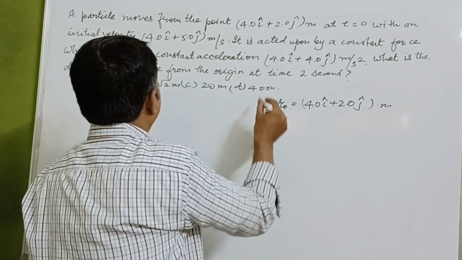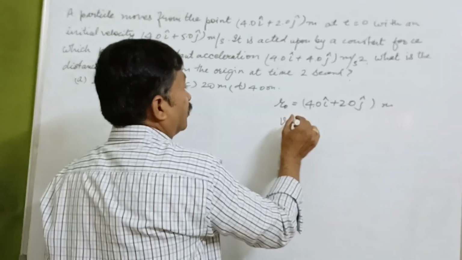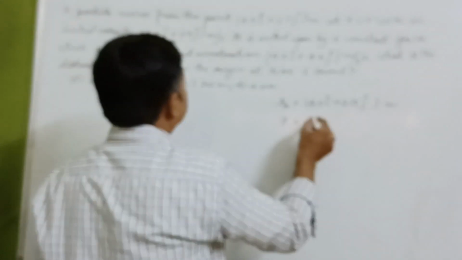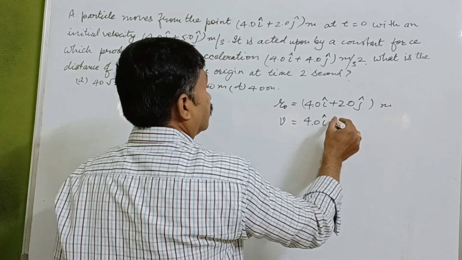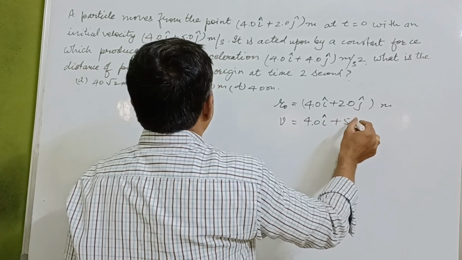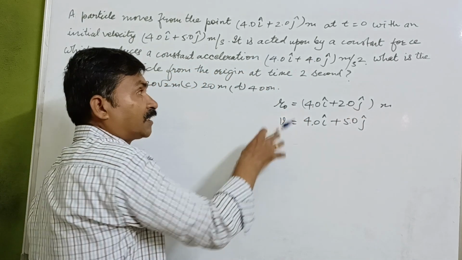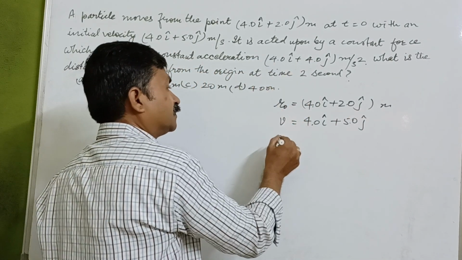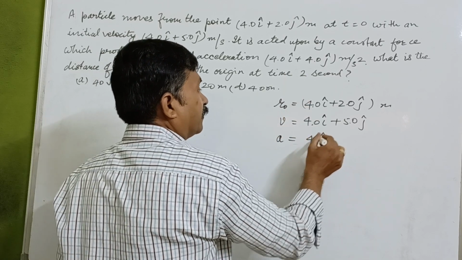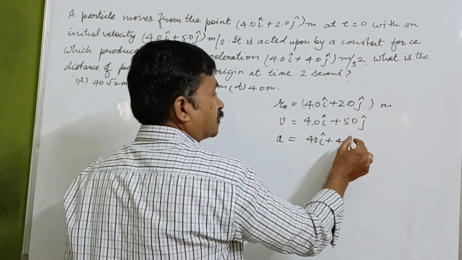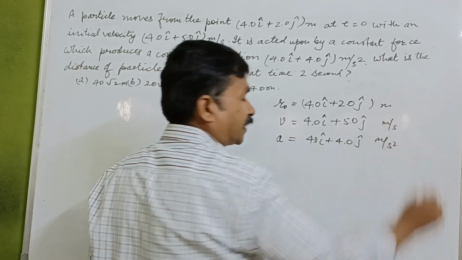Similarly, the initial velocity is 4i cap + 5j cap. Similarly, the force which is acting, and because of that the acceleration, is 4i cap + 4j cap meter per second square.